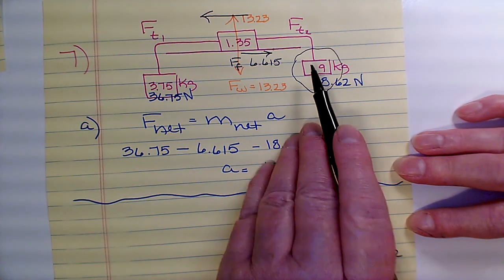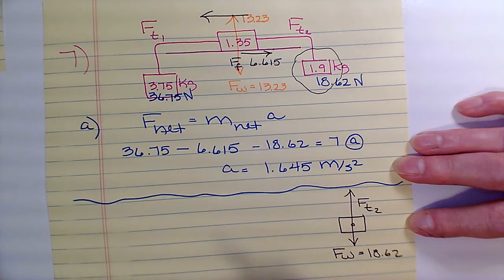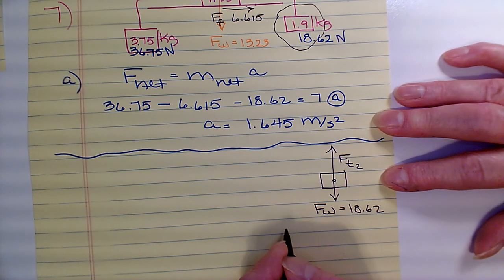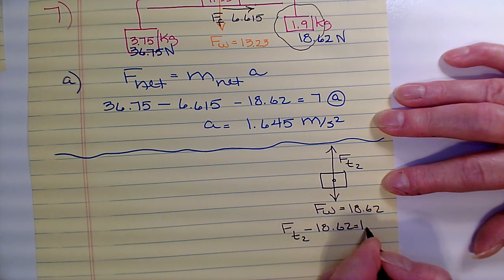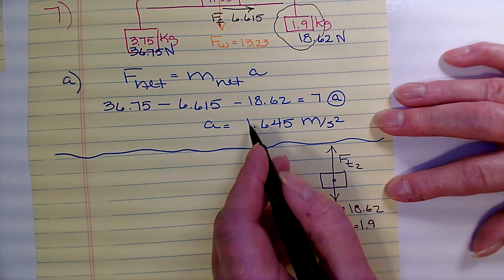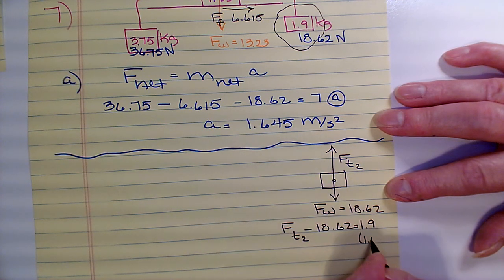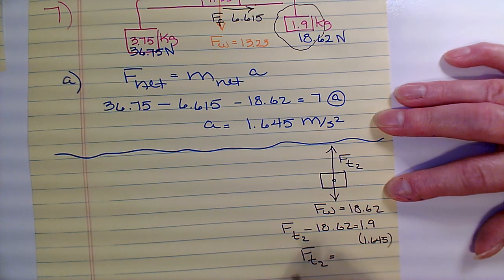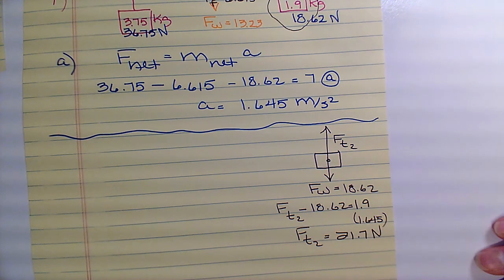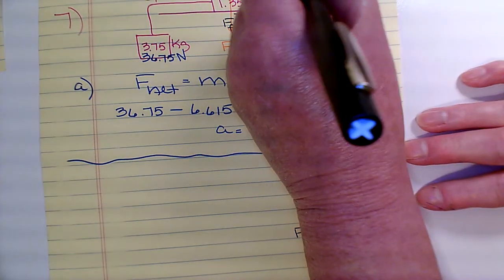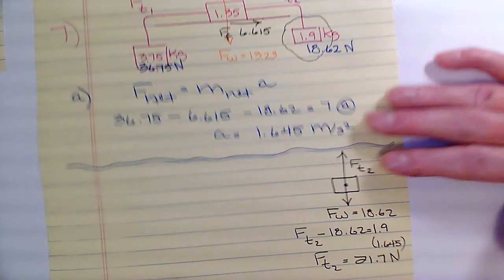I'm going to draw that longer because I expect this box is going up this way. And so now when I do F net equals ma, FT2 minus 18.62 equals m, the mass of that box, times a, 1.645, and then I can solve for FT2. And I got 21.7 newtons. All right, so this is 21.7 newtons.